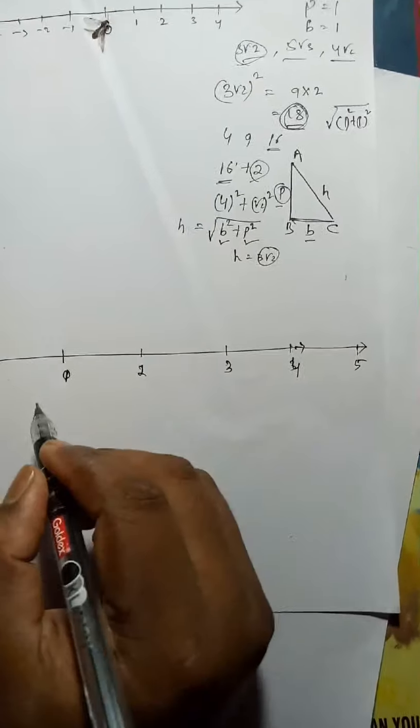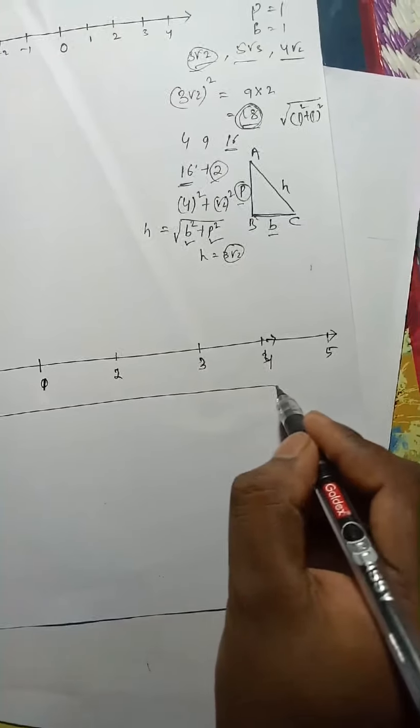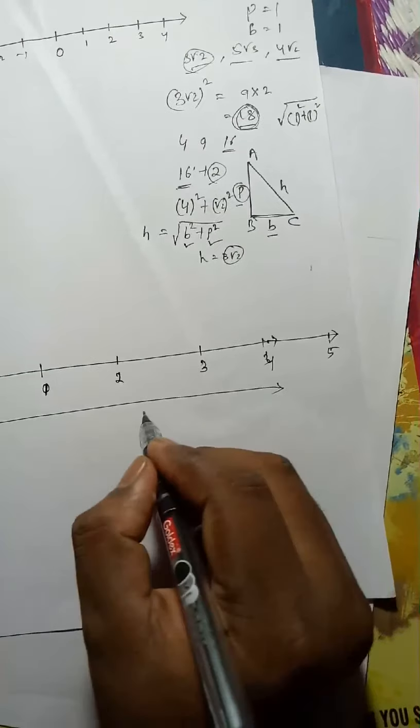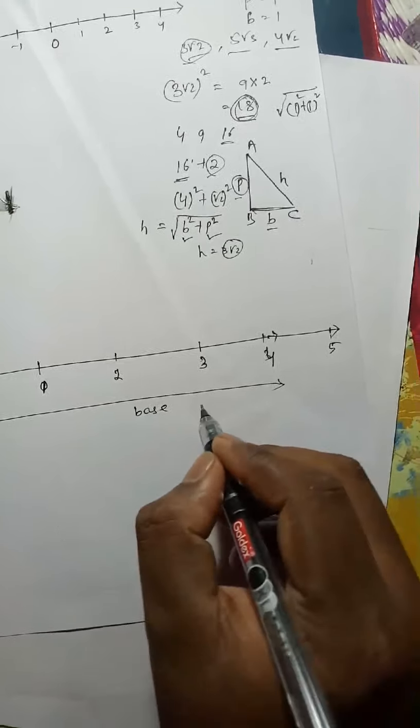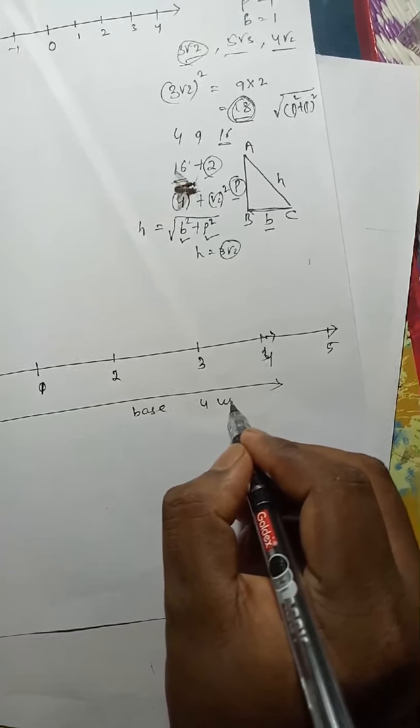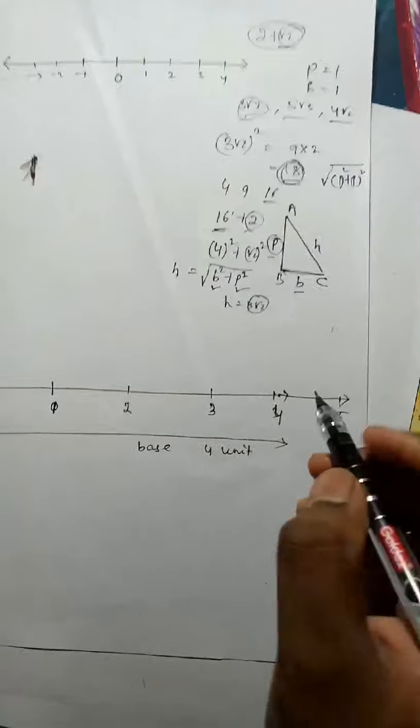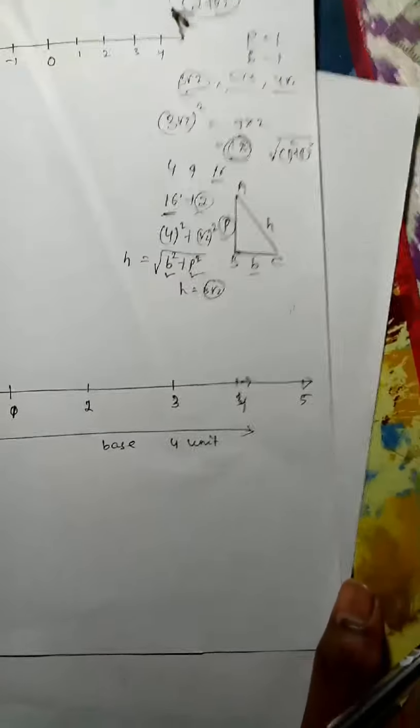So we have to take this as your base, and it's 4 units, and the height is your root 2.